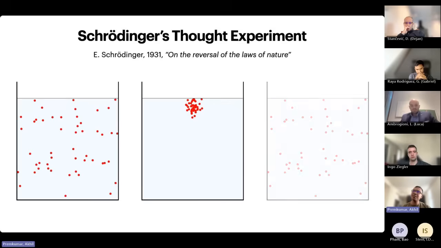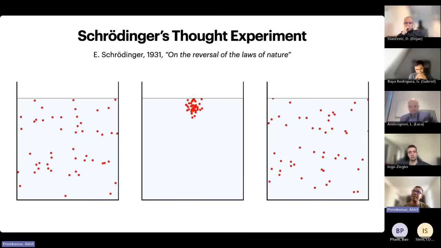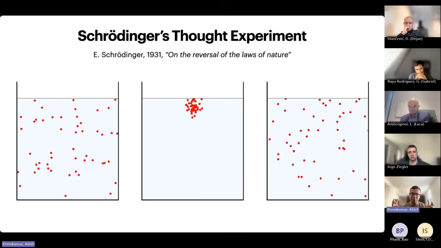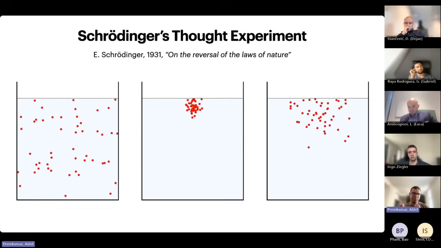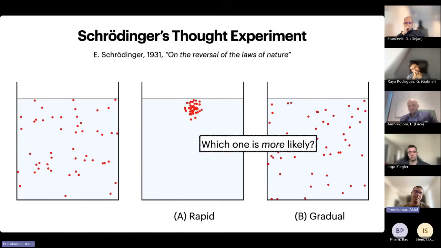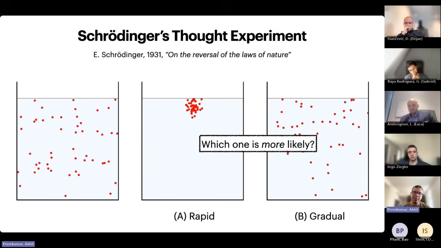Or you can have a situation like this where they get many small kicks, which all conspire together to bring them back to PD, right? So the central point that Schrodinger is trying to make can be distilled into the following binary question, which is which one of these is more likely, right?